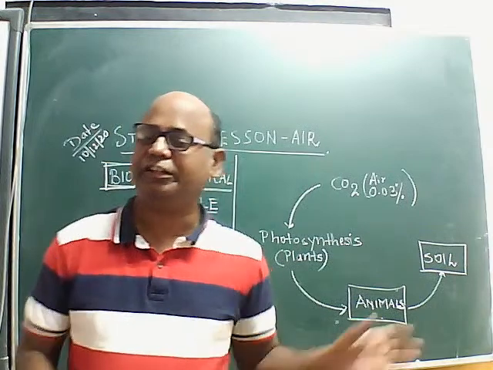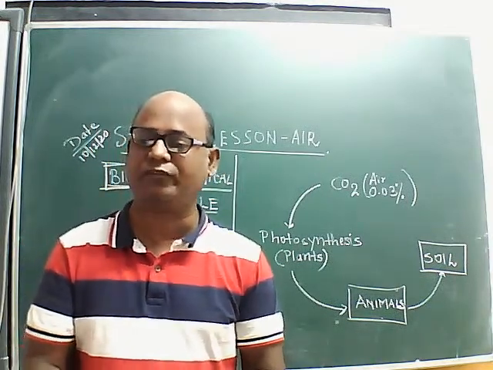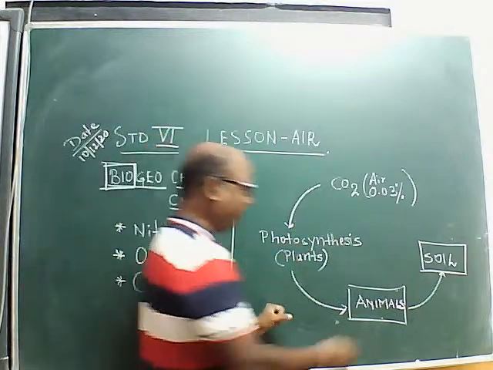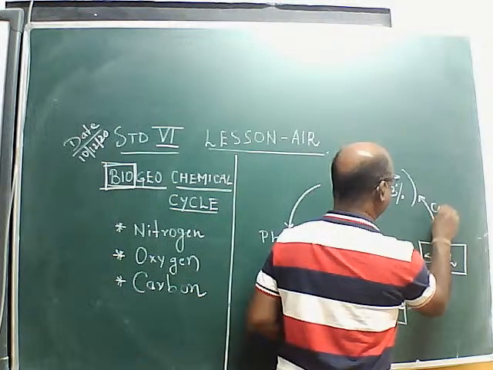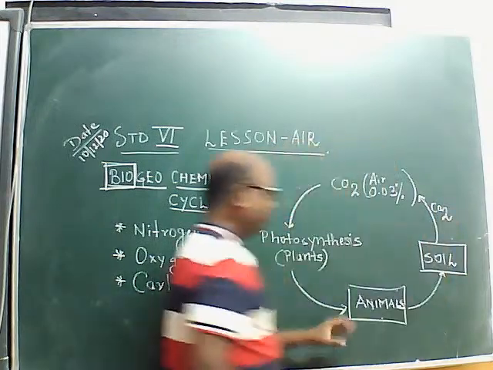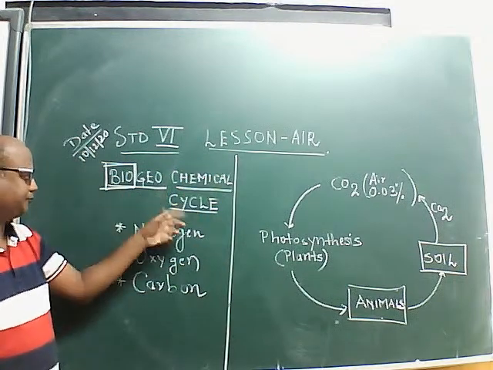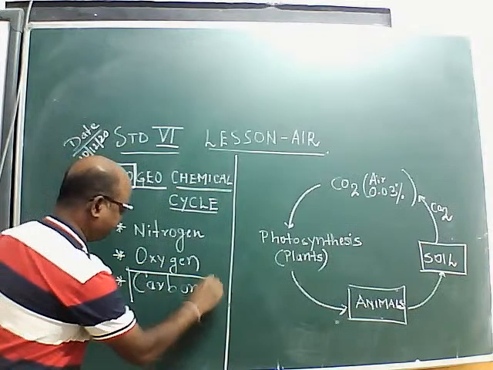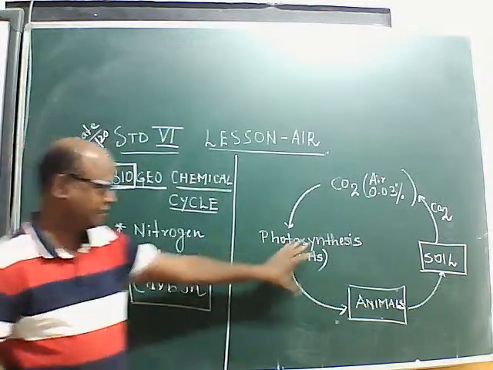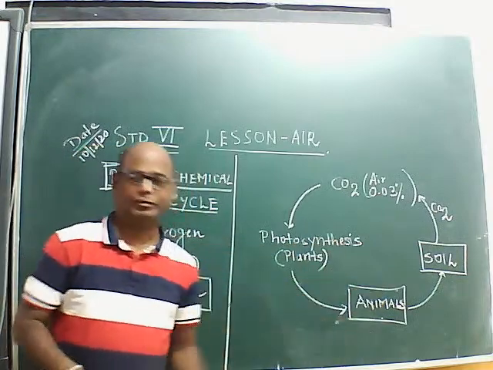The dead body is converted into organic matter and minerals, which make the soil fertile. There are some bacteria which release the carbon dioxide back into the air. Like that, in the biological world, carbon is circulated and transferred in the biotic component, that is plants and animals.